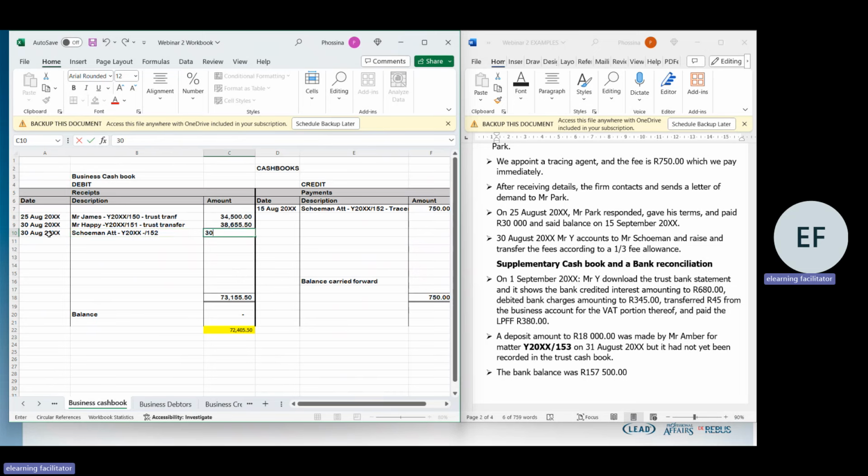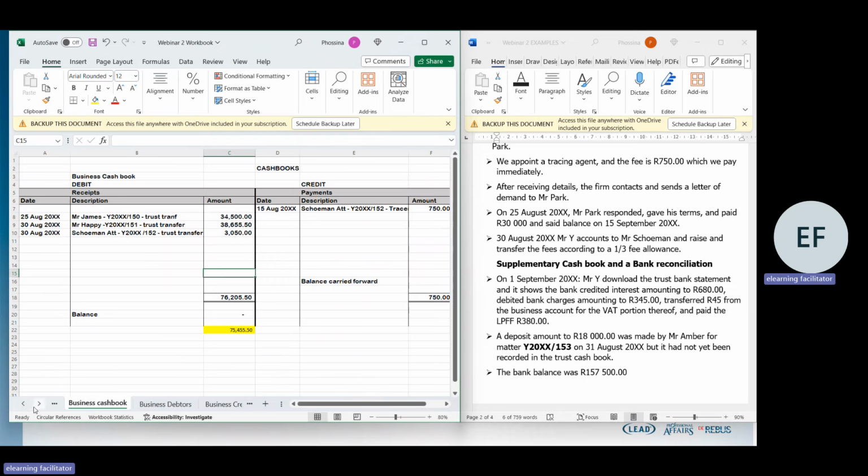We are receiving 3050, and this is a what? A trust transfer. So this is going to be a trust transfer. So we work it the other way around. The trust transfer 3050.